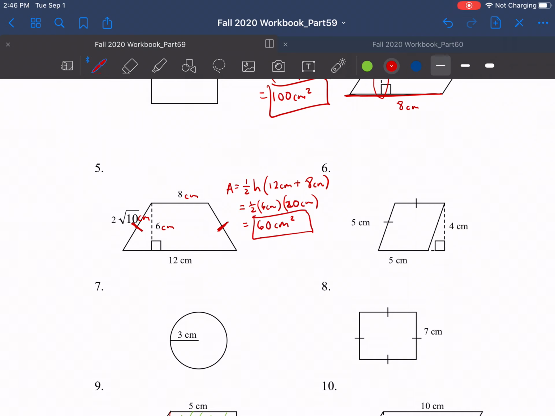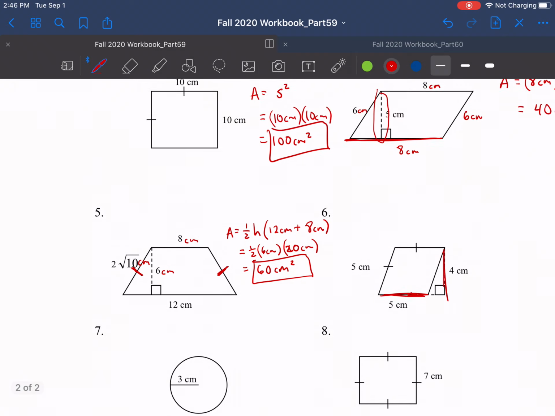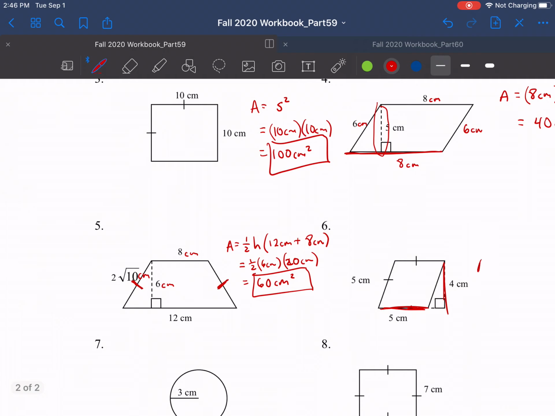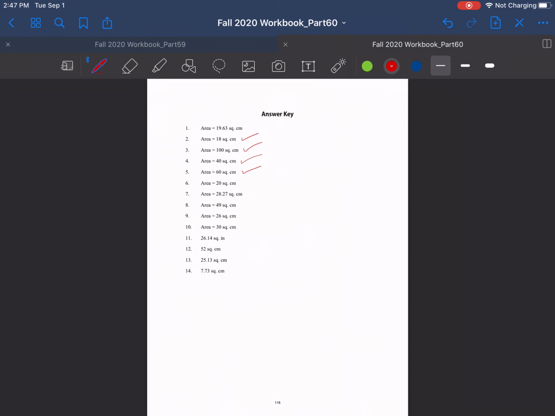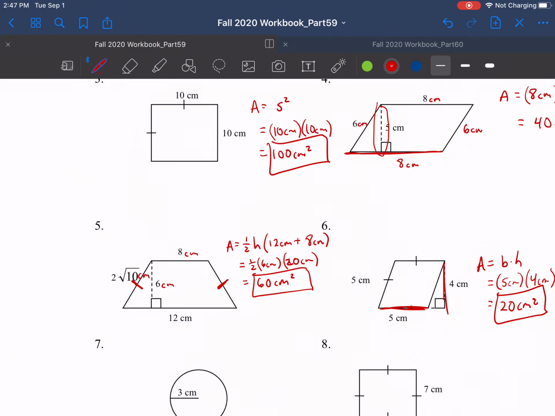This next one is another parallelogram where we're given a base and a height, and that's what we want to multiply together. So area equals base times height, which is 5 centimeters times 4 centimeters. And so this has a total area of 20 centimeters squared, which, if we go back over here and check, 20 square centimeters, that's what we were looking for.